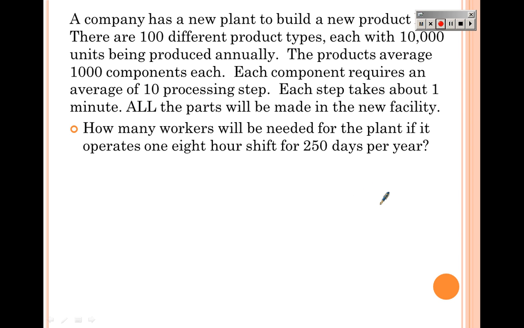Then how many hours do they work a day? Let's just look at how many hours it's going to take to make all these parts. Our steps cancel here, our minutes cancel here.